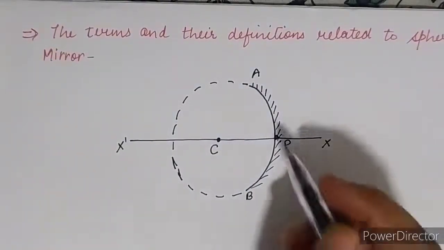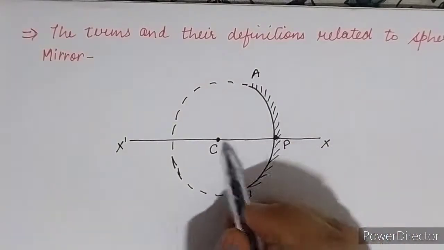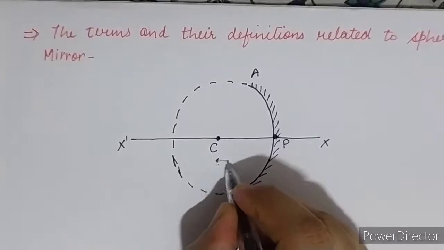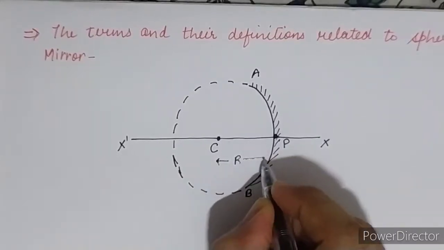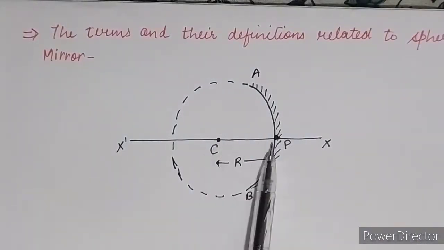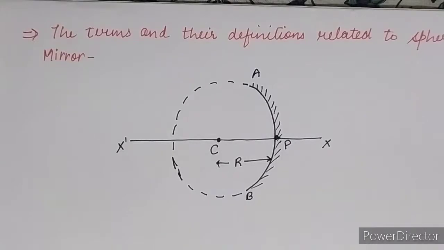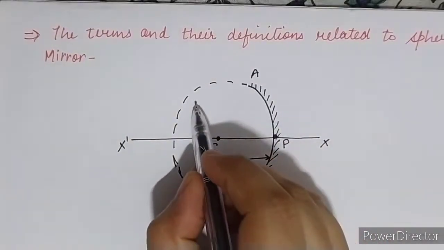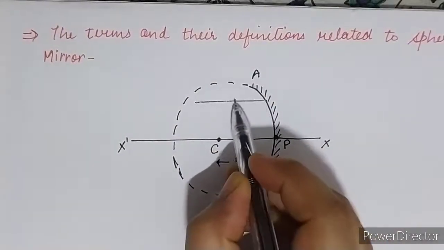Afterwards, the distance between the pole and the center of curvature is the radius of curvature, as you even know that this is the radius of the sphere. So we can say that the distance between the center of curvature and the pole is your radius of curvature. Clear?